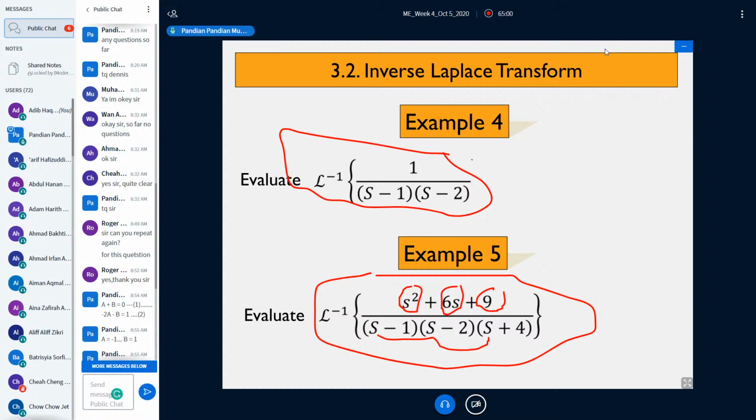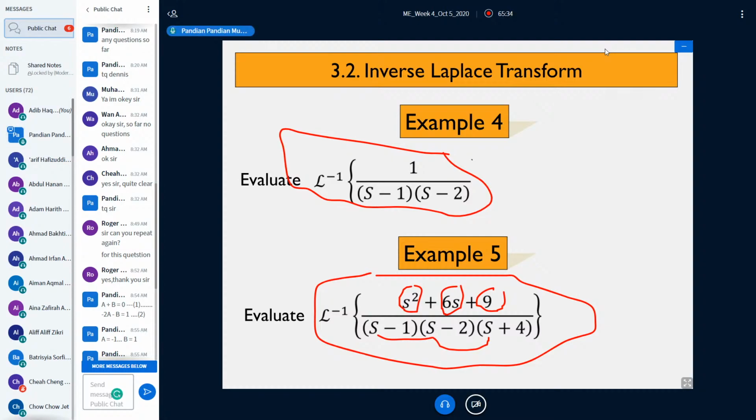So you already found your A, B, C. After you find A, B, C, inverse Laplace of minus 16 over 5 times 1 over S minus 1 equals minus 16 over 5 e power t, because your a is 1. Plus inverse Laplace of 25 over 6 divided by S minus 2. Your a is 2, so the answer is 25 over 6 e power 2t.